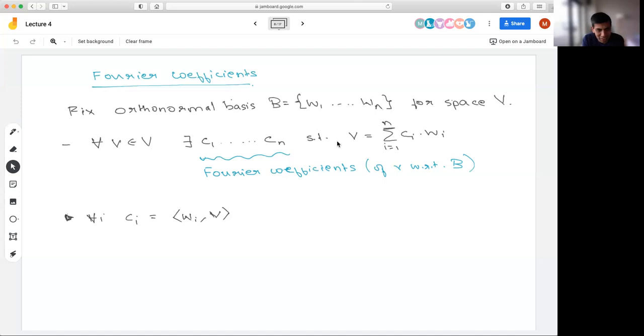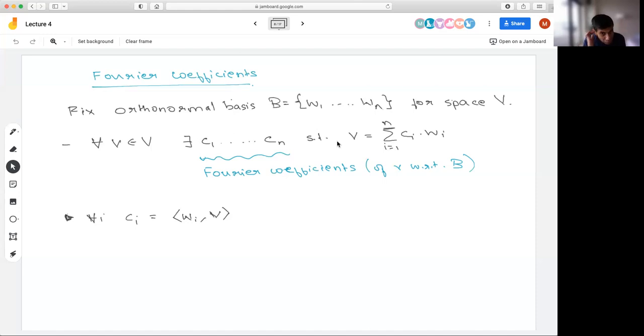Okay, let's go back to this one. You have an orthonormal basis: fix any orthonormal basis w1 to wn for some space V, so now it's n-dimensional. I claim that for any vector v, there exist coefficients c1 to cn such that I can write v as a linear combination of w1 to wn with these coefficients.